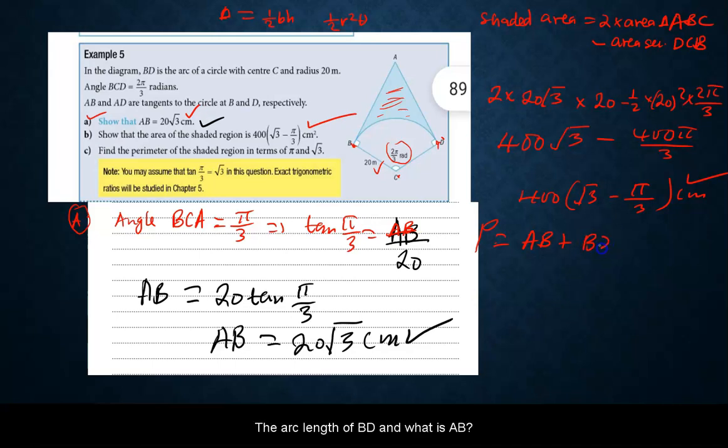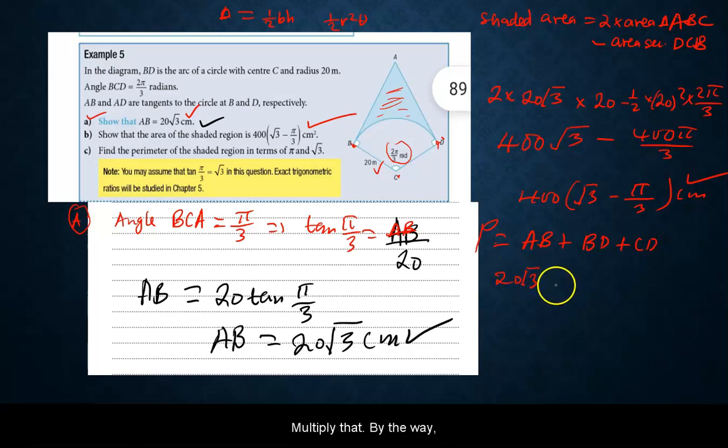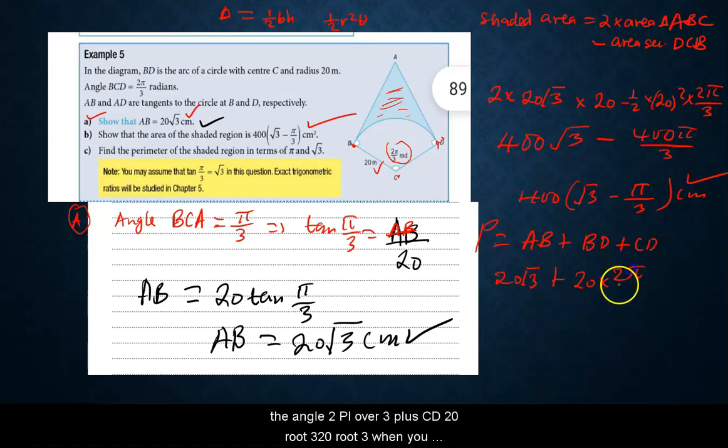And what is AB? AB is 20 root 3, plus the arc length, which is nothing but 20 multiplied by the angle 2 pi over 3, plus CD, 20 root 3.